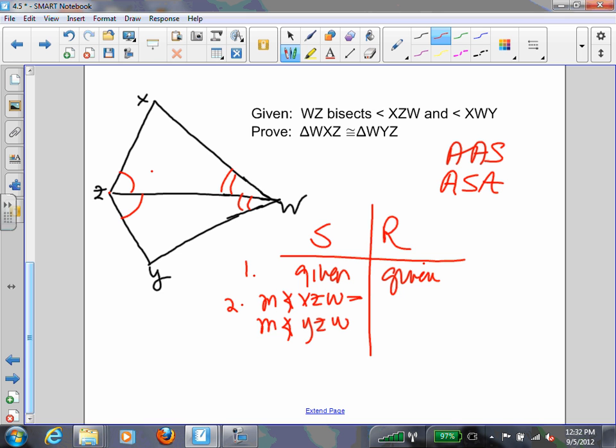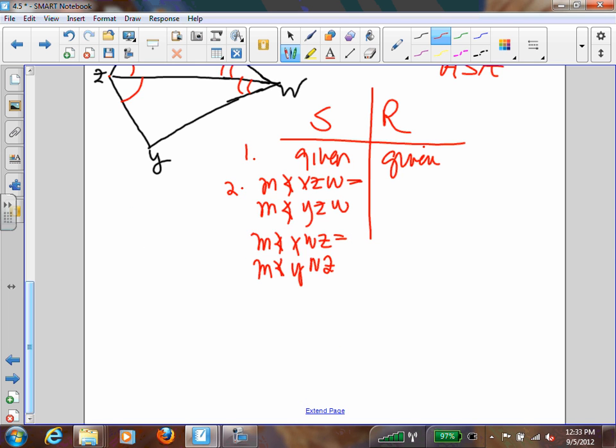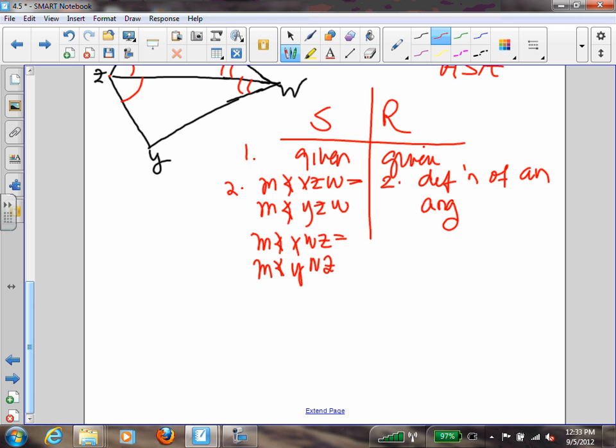And likewise, we can also say that the measure of angle XWZ is equal to the measure of angle YWZ. Does that make sense? What's my reasoning? Correct, definition of an angle bisector.